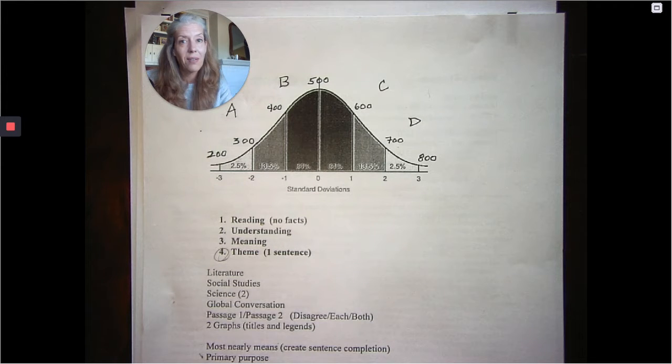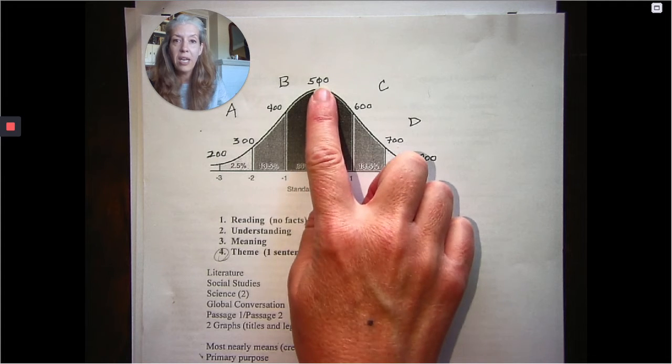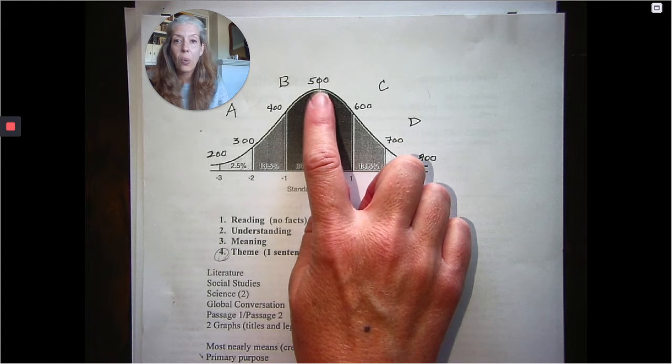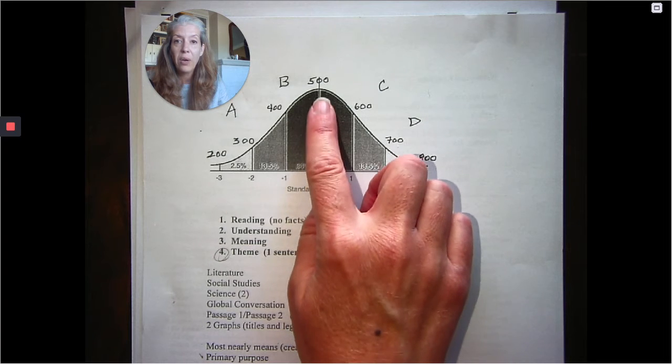So what I want to just reiterate to you with this, our bell curve, and maybe some of your teachers have introduced you to the bell curve, is just this level of understanding that when you first go in without any preparation and you're just going in to take the SAT, just in general, the median score is going to be 500. Most people are going to fall right around 500.